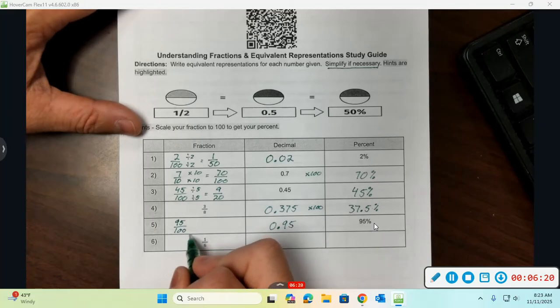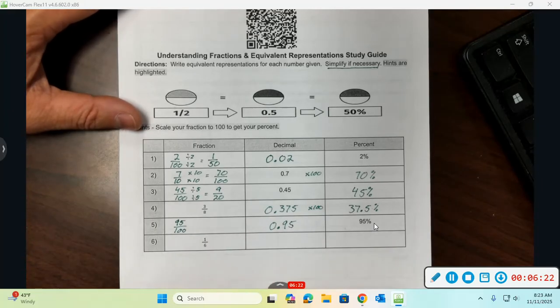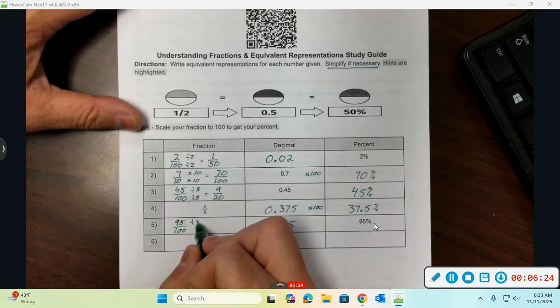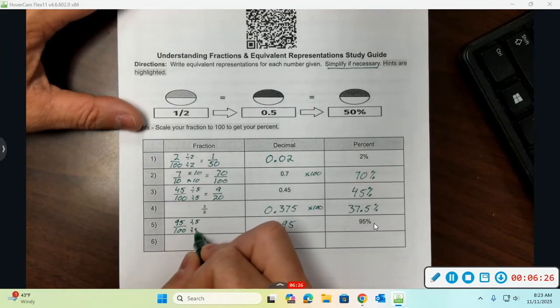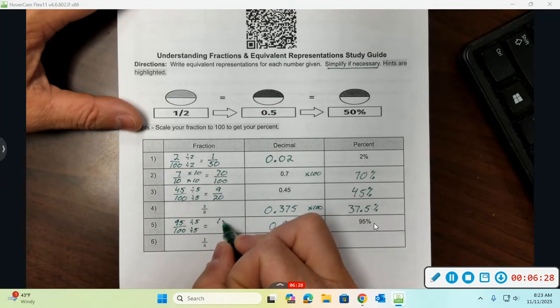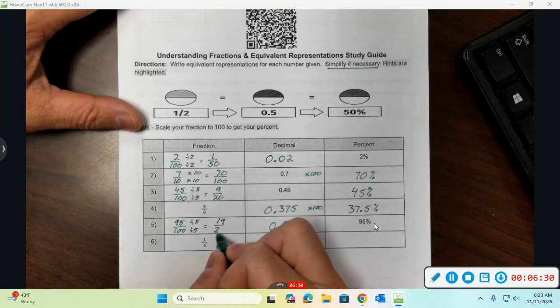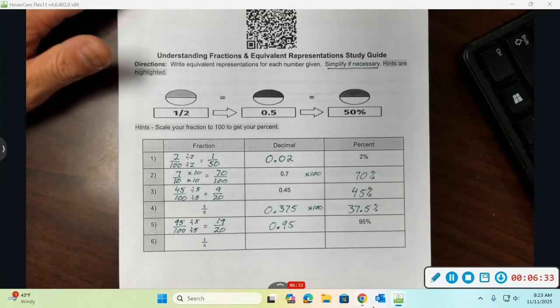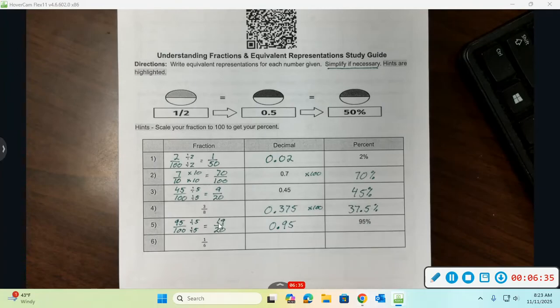Can this fraction be simplified? Yep. I could divide them both by 5, and I end up with 19 over 20. And you could put that in Desmos, 95 hundredths, hit the fraction bar, and it'll simplify it for you.